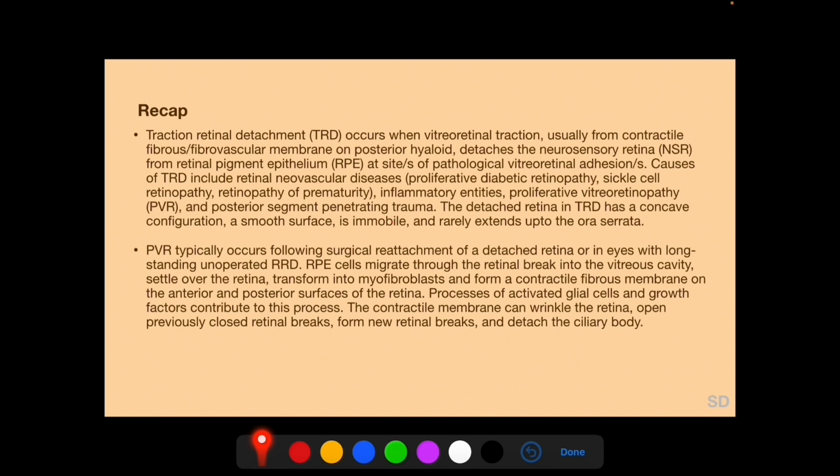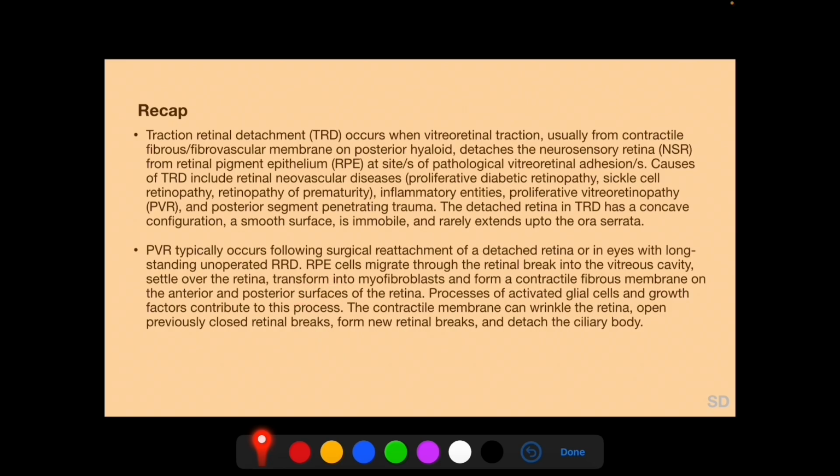Proliferative vitreoretinopathy typically occurs following surgical reattachment of a rhegmatogenous retinal detachment or in eyes with long-standing unoperated rhegmatogenous retinal detachment. RPE cells migrate through the retinal break into the vitreous cavity, settle over the retina, transform into myofibroblasts and form a contractile fibrous membrane on the anterior and posterior surfaces of the retina.